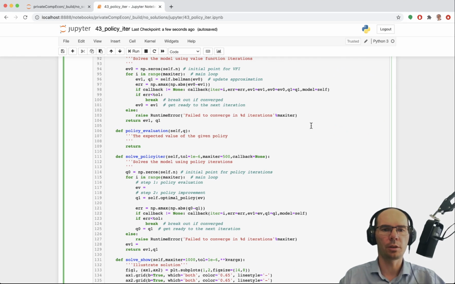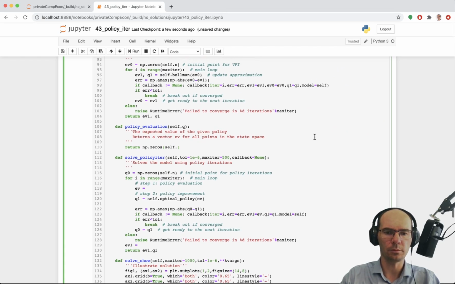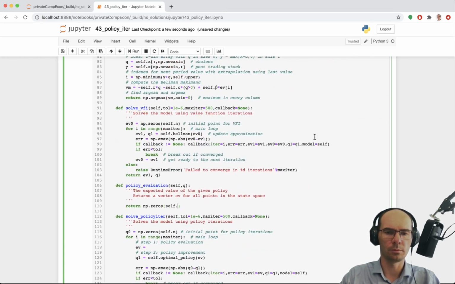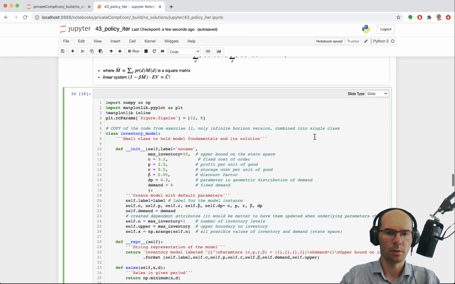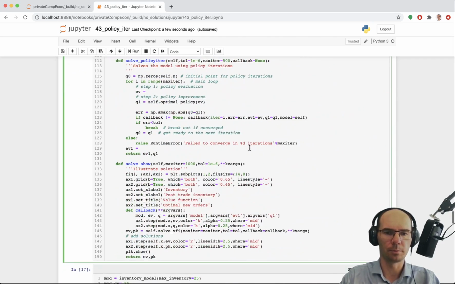No, it calculates a vector. Returns a vector EV for all points in the state space. So let's return zeros for now of self, how do we say, self n, right? Number of inventory levels. Yeah.